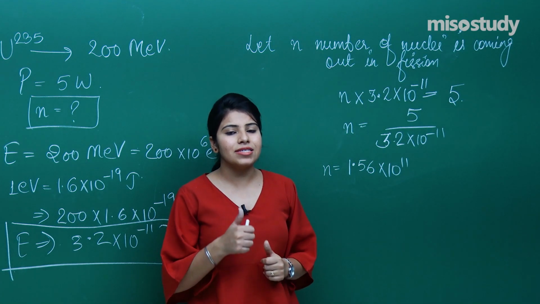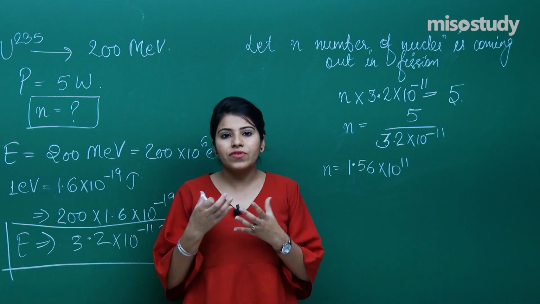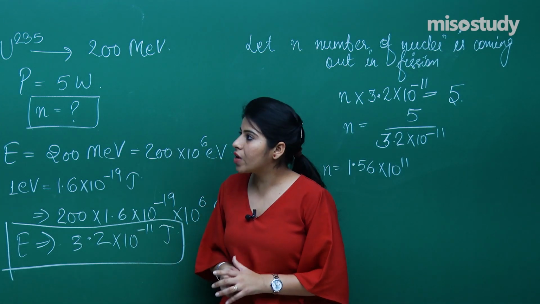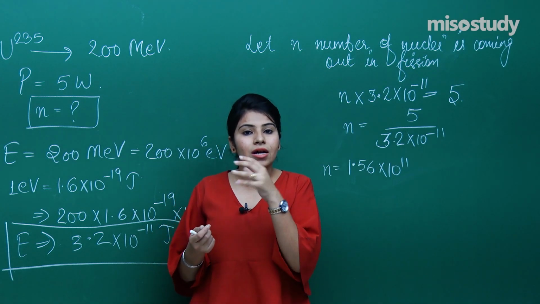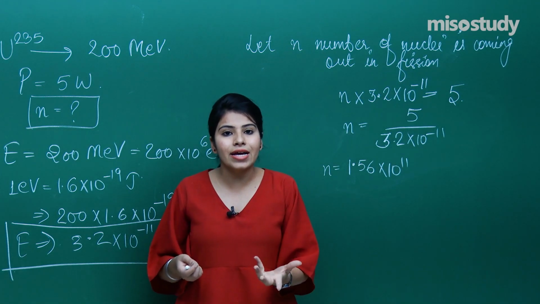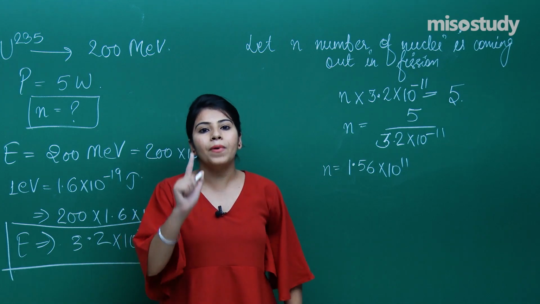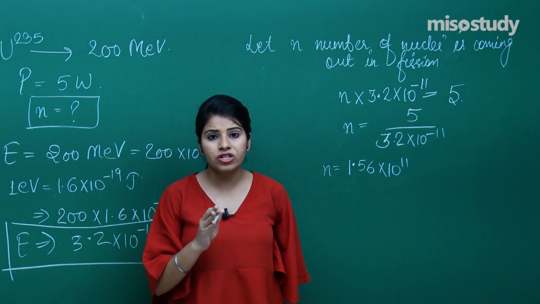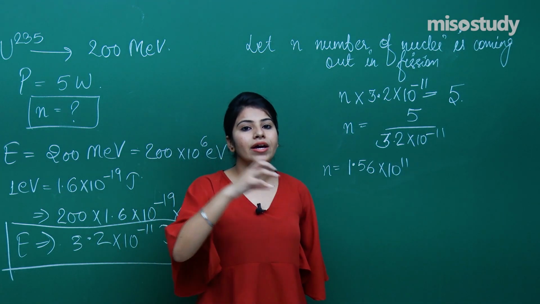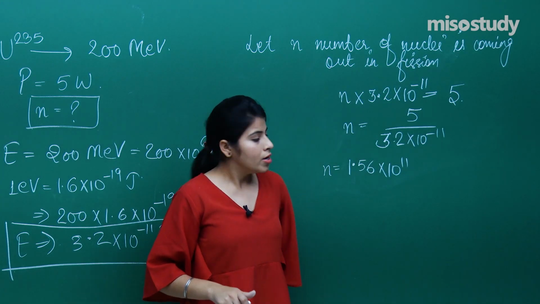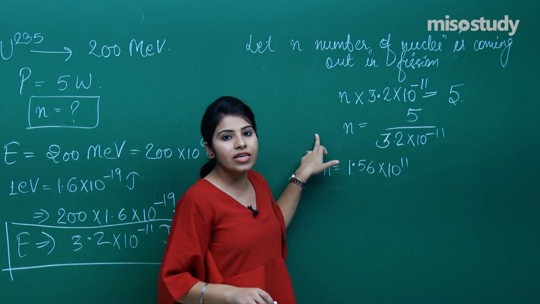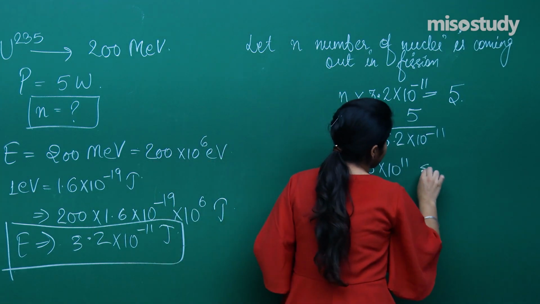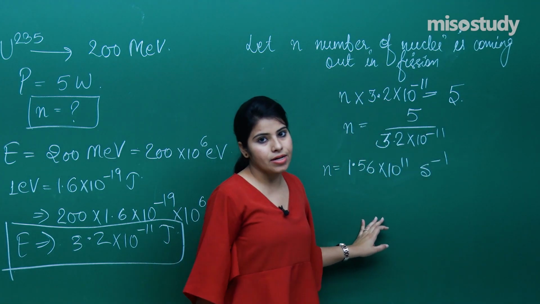Before that, let me say one thing. If they are speaking about the fission rate, what is the fission rate? Fission rate is the number of nuclei generated out of this fission per unit time. So if we are speaking about the power and the fission rate, that should be per second.